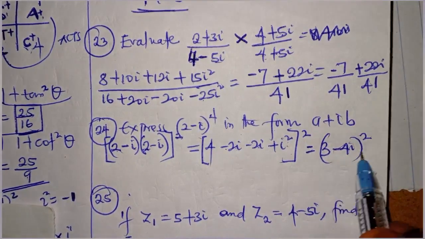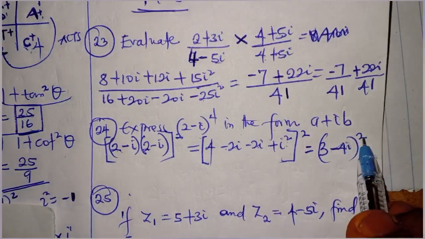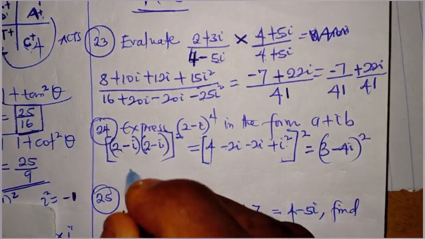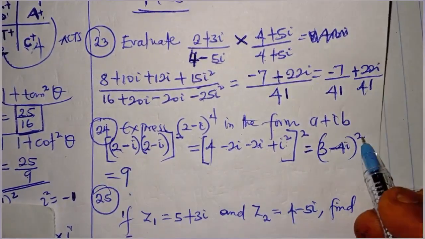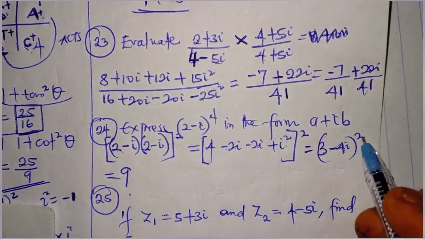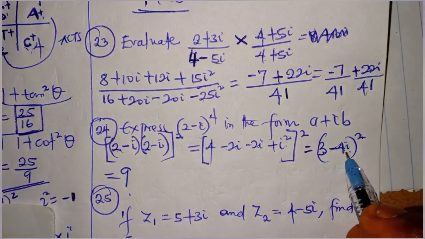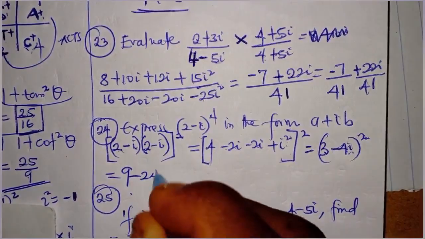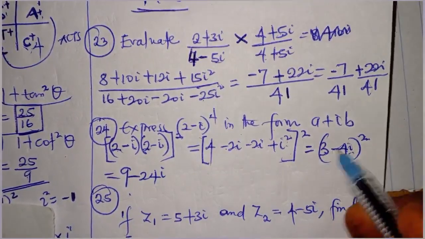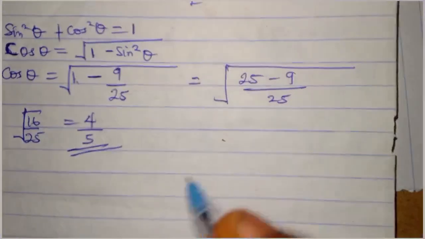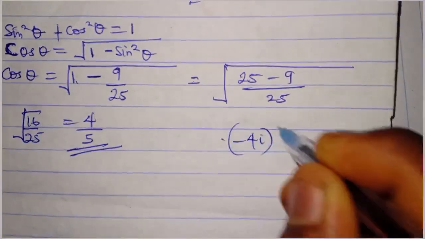See the shortcut I used before. 3 squared is 9. 2 times 3 times 4i, this is 6 times 4, 24, that's minus 24i. Then I will now square minus 4i, all squared.